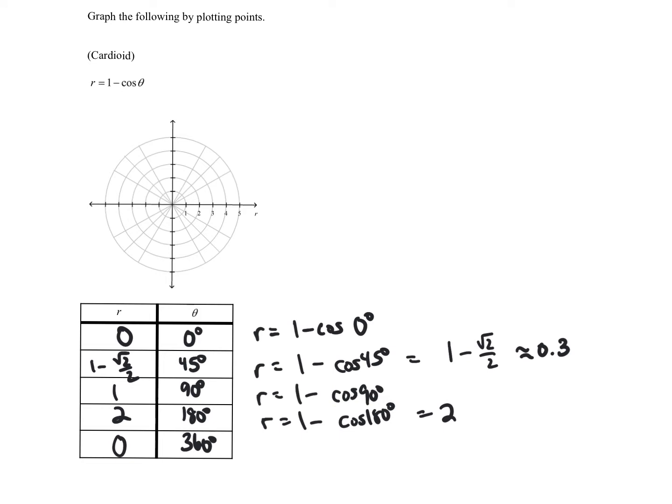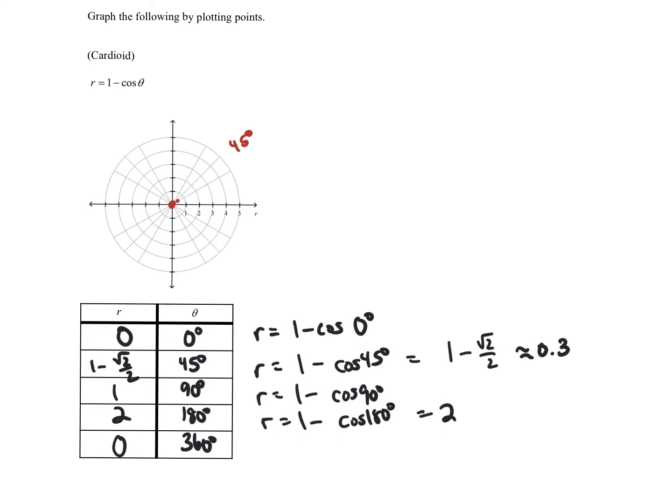So if I plot these points, I have 0 at 0, 0.3 at 45, 1 at 90, 2 at 180, and 0 at 360. These are just some points on the graph, and then we'll use Desmos to fill in the shape of the graph. At 45, which is on this spoke, I only want to go out about 0.3, so not very far at all.